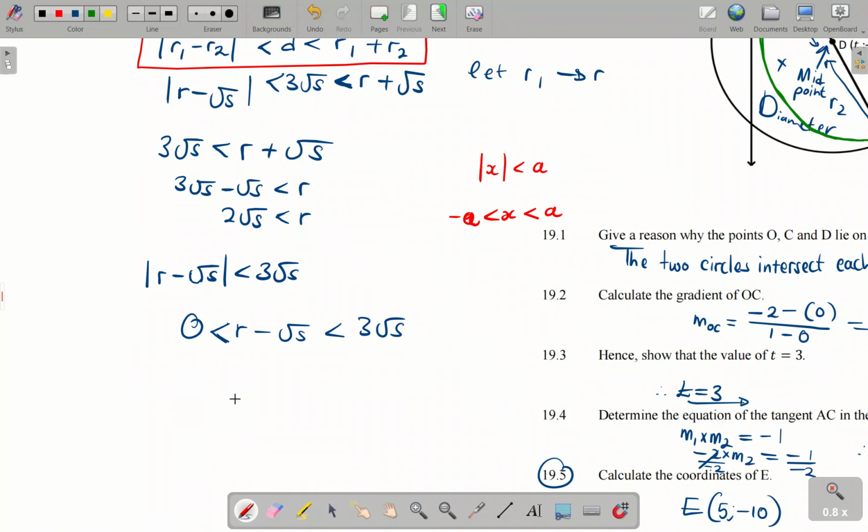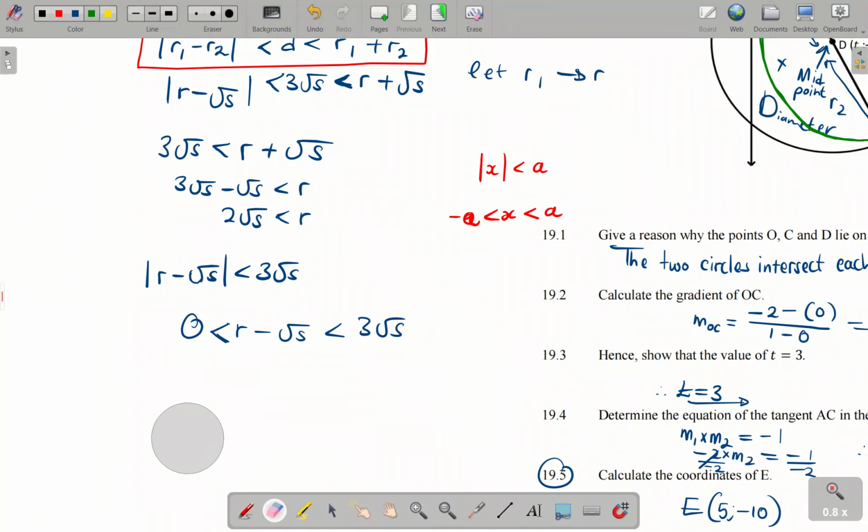If I have something like x minus 1 which is less than 1 and greater than negative 1, to find x, I'll take this to the right and take this to the left. So I'll have x being 2, and then x being greater than 0. So that's what I will have there.